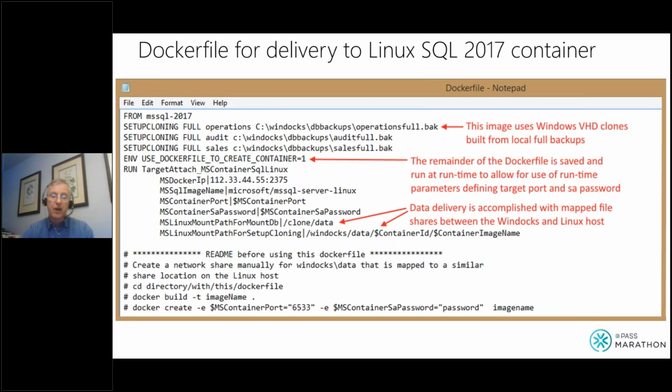And this environment variable allows us to recognize a Dockerfile that needs to be saved as part of an image. So you can imagine that in this image, we're going to repetitively make Docker commands, calls to the Linux Docker host to create a new container.